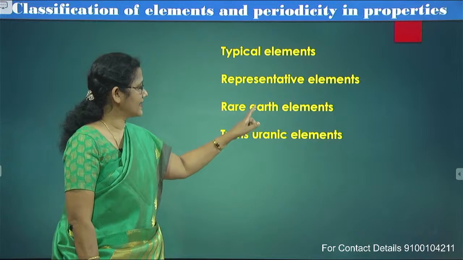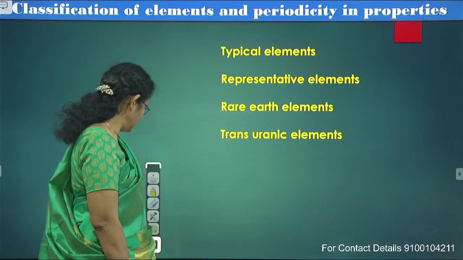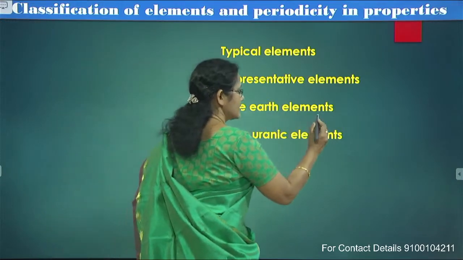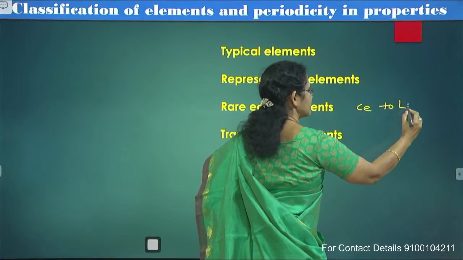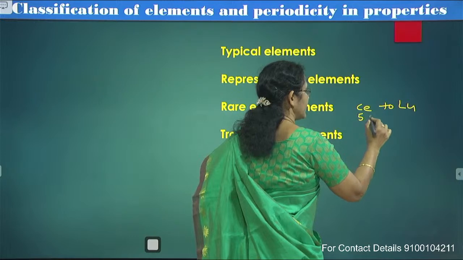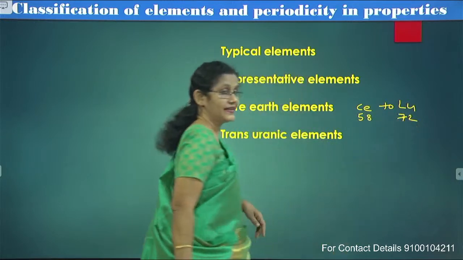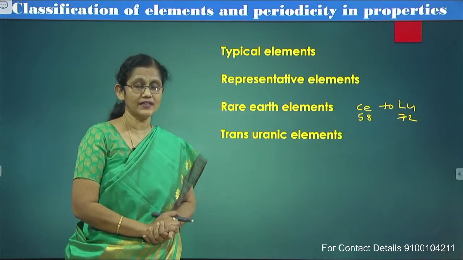What are rare earth elements? Lanthanides, right. From cerium to lutetium, 58 to 72. Lanthanides are called rare earth elements. See this point?